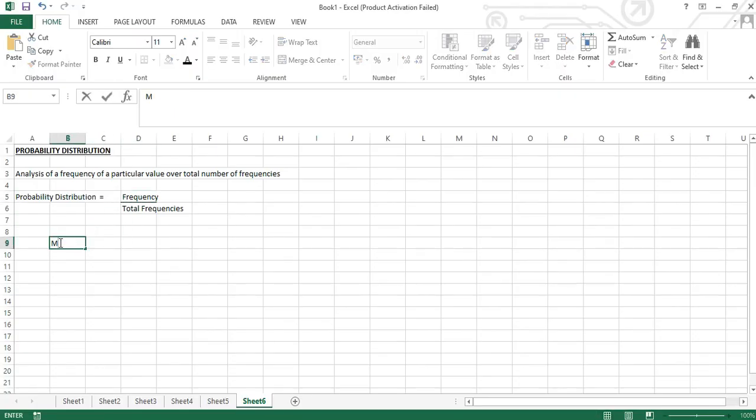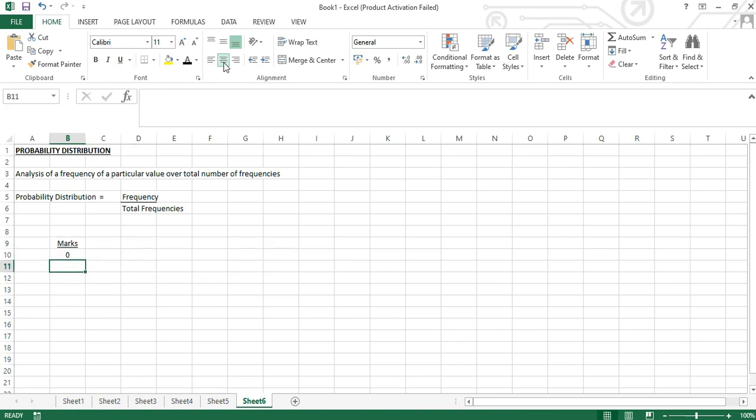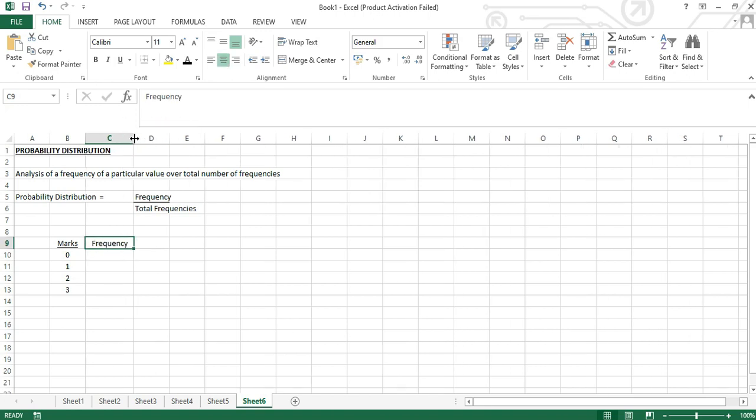Let's say for marks of a class of students, marks of a particular subject. Let's say some people got 0, some got 1, 2 and 3. And then how many got each is represented by the frequency of the marks.